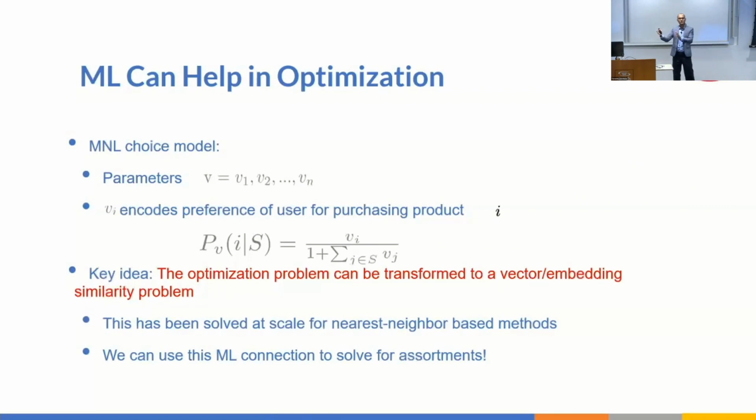You may be able to reformulate by stating the same problem using a different set of variables, which will have maybe fewer constraints or more constraints. So people keep reformulating, and we just reformulate the original assortment optimization problem, if you use the MNL choice model, into essentially a nearest neighbor problem. Nearest neighbor problem is also an optimization problem. It's like: find the vector which is closest to the reference vector among all the vectors.